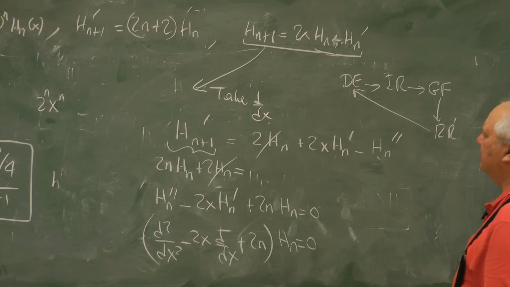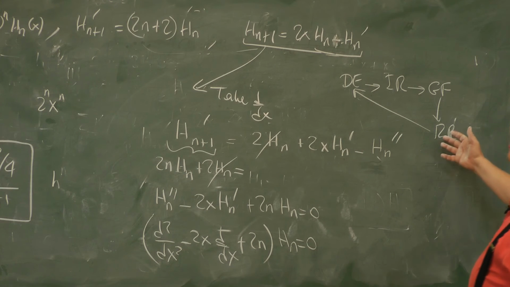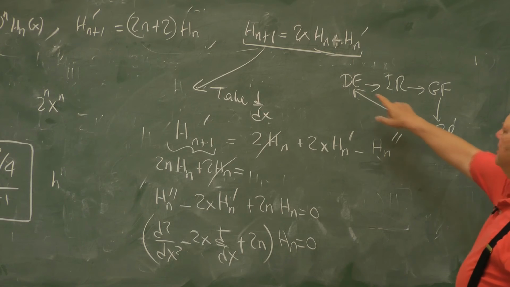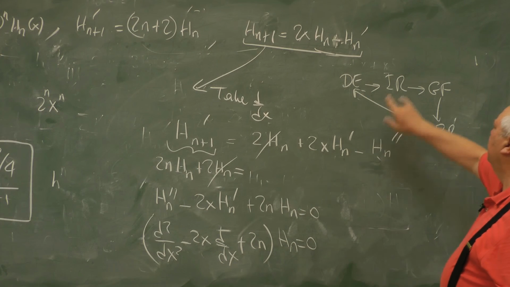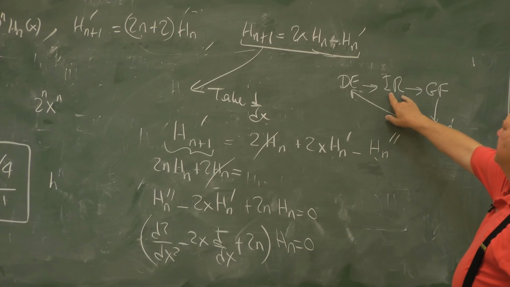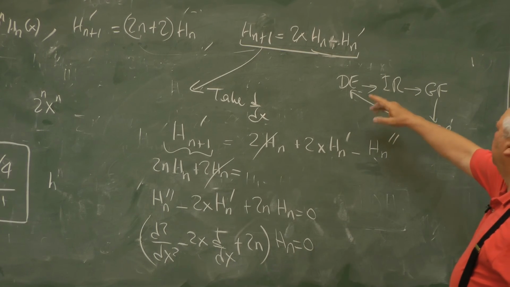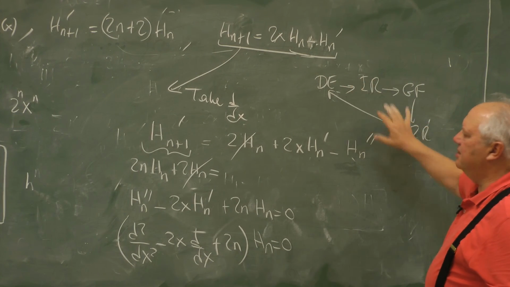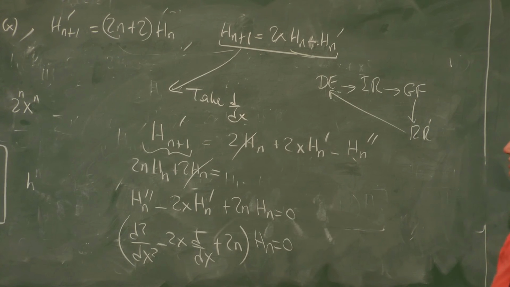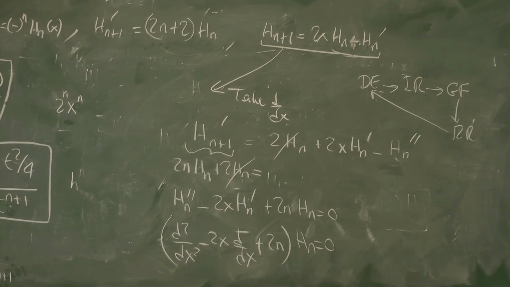So we could start from any point. If we start from here, given the recursion relations, we can obtain the differential equation, given the integral representation. So you can take any of these things as the starting point and the definition of Hermite polynomials.